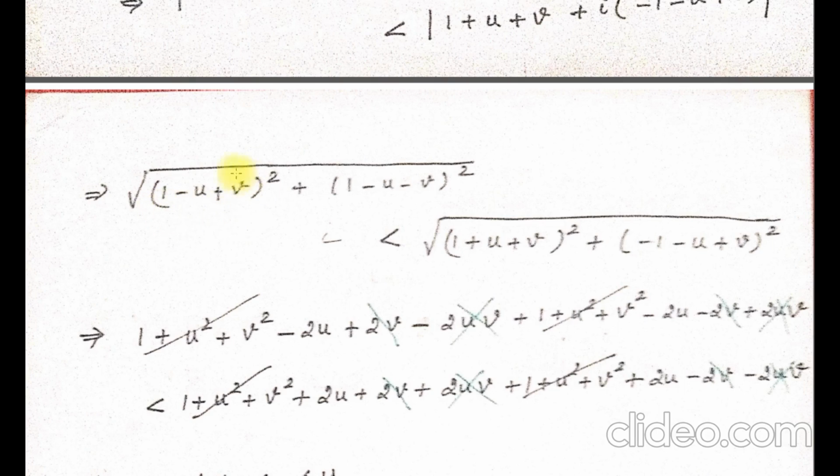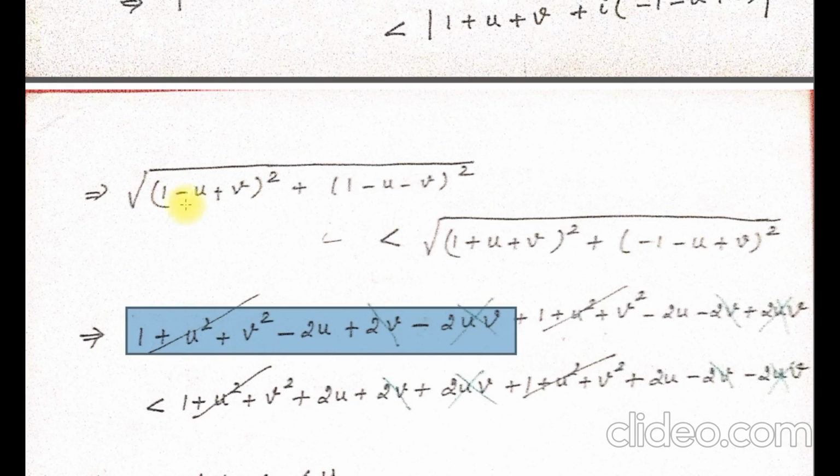All the 3 combinations should be multiplied and then again multiplied with 2. So 1 into minus u is minus u, with that I have to multiply 2, so minus 2u. 1 into v is v, with that multiply 2, so 2v. Minus u into v is minus uv, with that I am multiplying 2. That is the simplification for the first one, right? For the first one, this is the simplification.